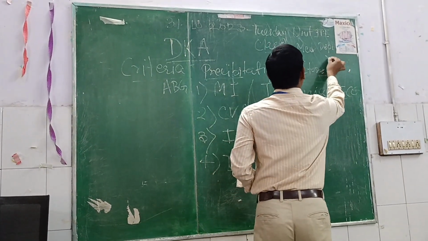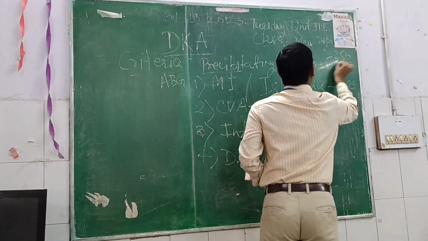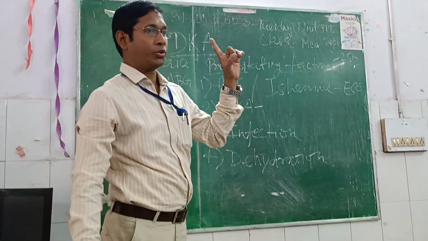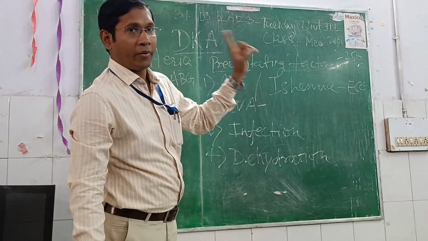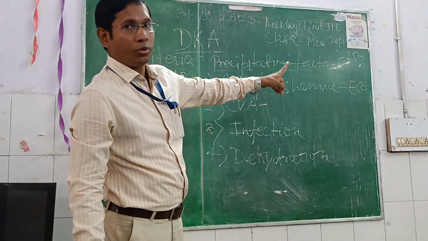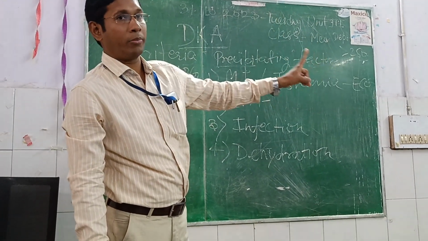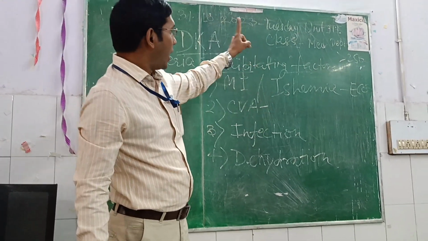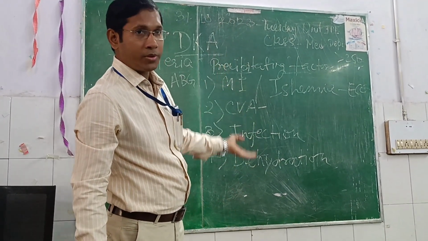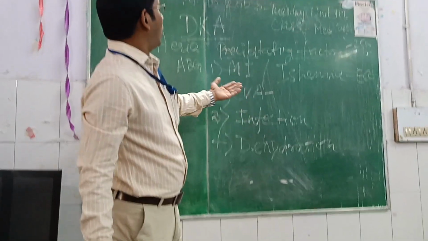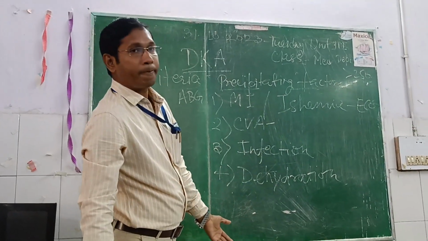Whenever you find blood sugar more than 250, your first duty is to rule out diabetic ketoacidosis. First of all, you have to look for the symptoms that I have already enumerated or the precipitating factors.